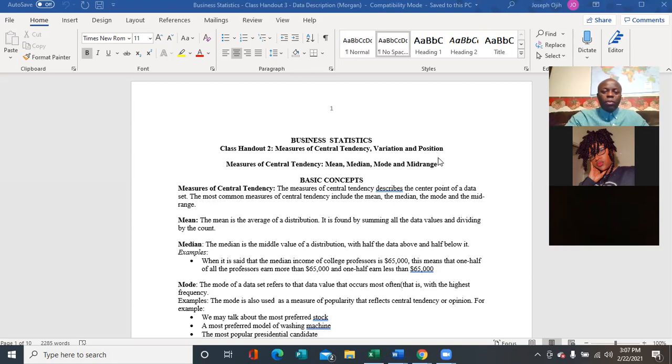Now, today we'll be looking at data description. When we talk about data description in statistics, we're talking about those statistics that we use to describe a population. Now, remember, the population is not only human beings.